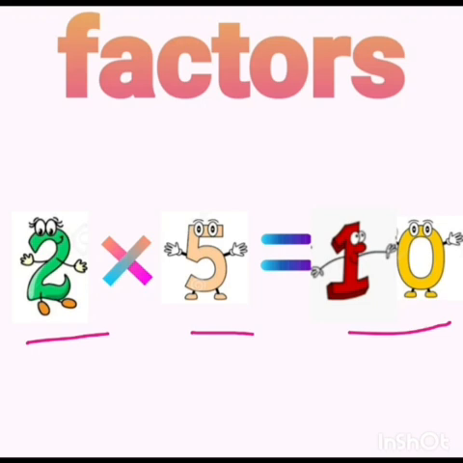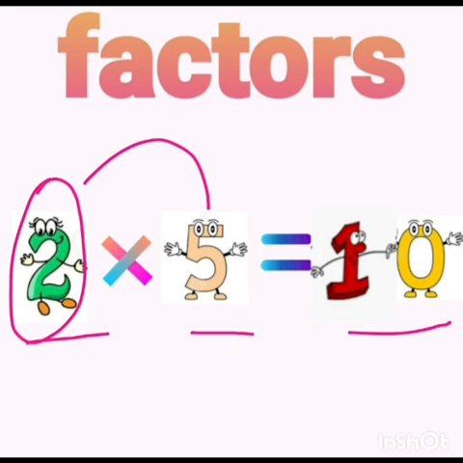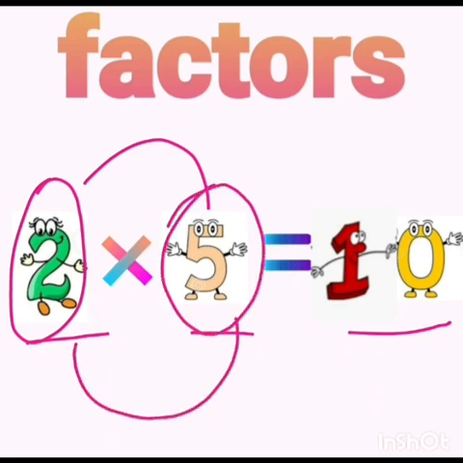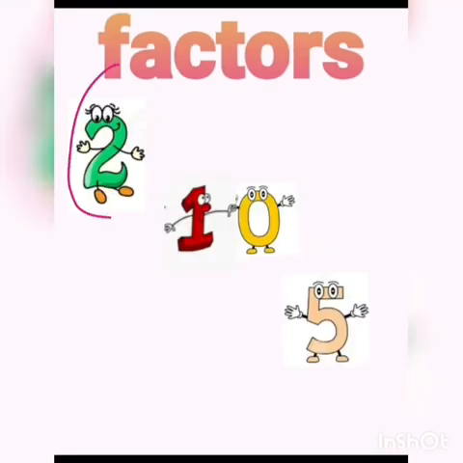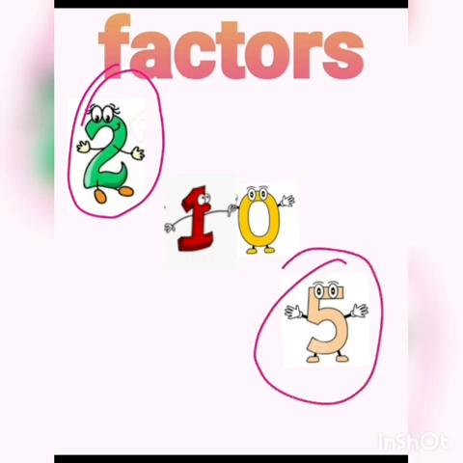Also 5 is a factor of 10. Because 2 is multiplied by another number to give 10. Also 5 is multiplied by another number to give 10. So 2 and 5, as we can see, are the friends of 10 or the factors of 10.